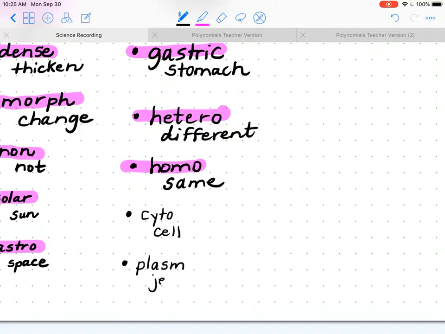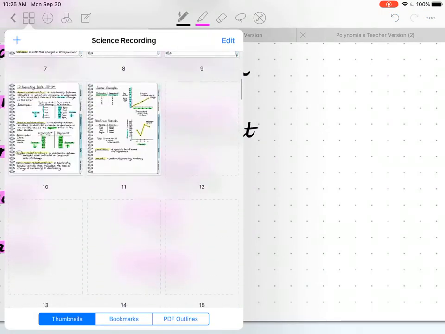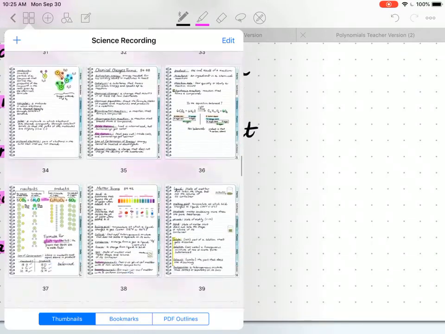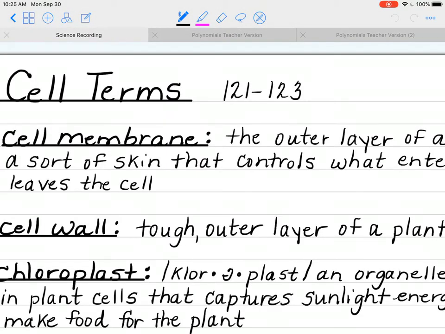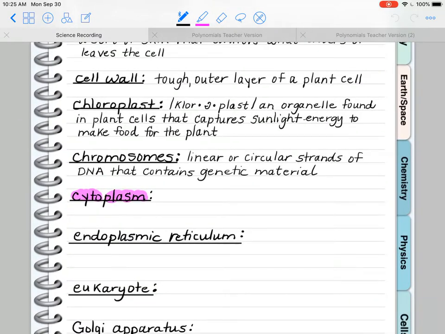think about some jelly-like substance when you see plasm. So cytoplasm is cell jelly. Cytoplasm, cell jelly. And let me go back to my definitions page. I'm sorry, we've got so many pages, it just takes me a while to get there. So cytoplasm, which loosely translates to cell jelly, is a jelly-like substance.